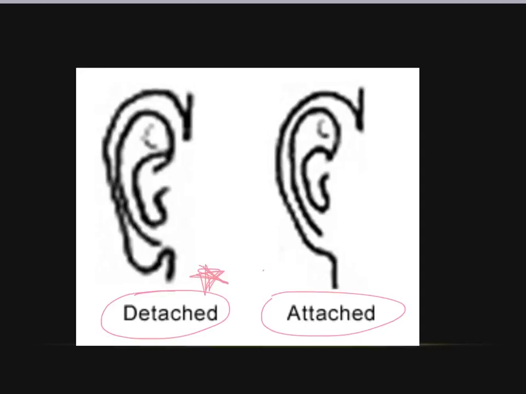And so we observed in class that this trait of detached earlobes seems to be a dominant trait. We have more of those in society, at least in our classroom society, than we did attached earlobes. And so detached would be a dominant trait, and attached would be recessive.